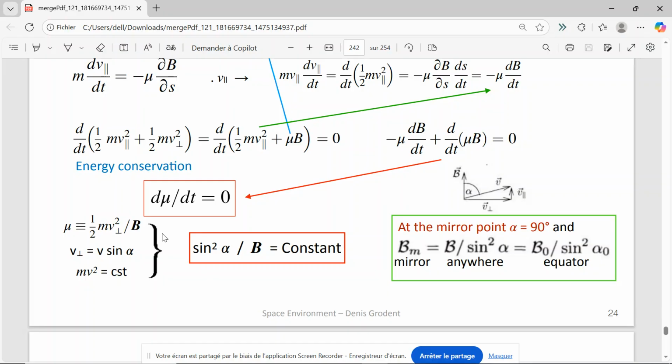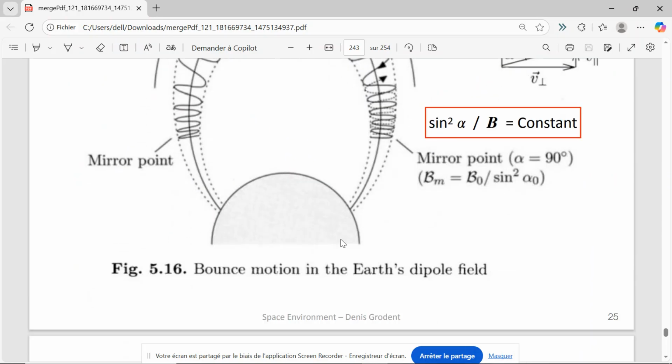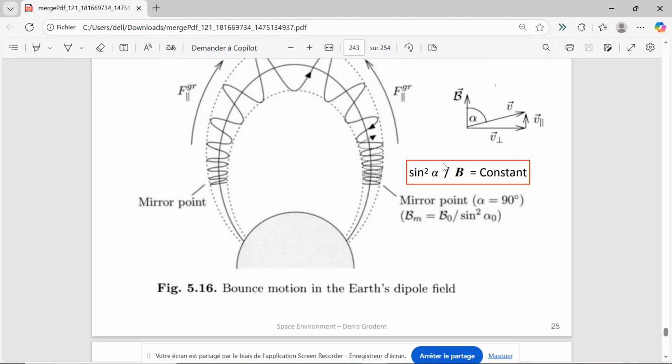So let's see what's happening right here. Sine squared alpha over B is equal to a constant, which means that if the alpha angle increases, the magnetic field has to decrease.